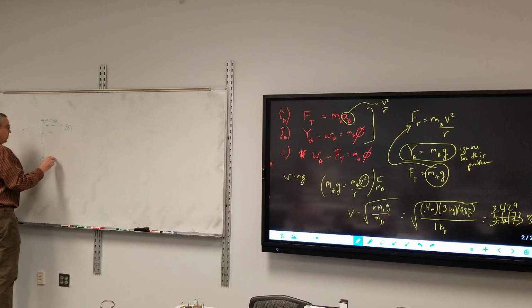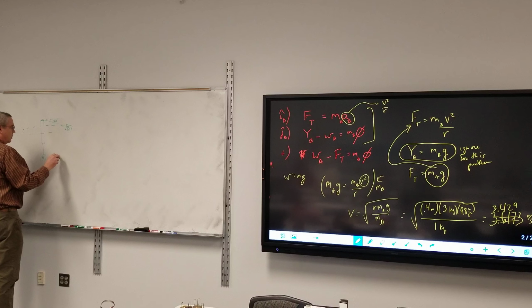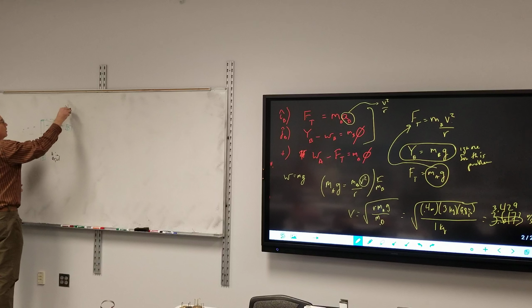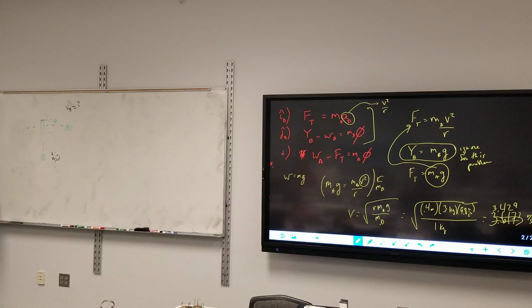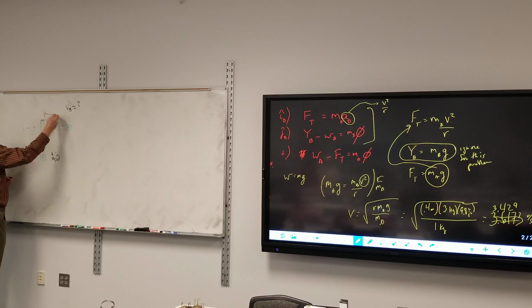So we have, this is equilibrium. Except it looks more complicated because we now have an angle in here. This length right here is L, technically to the center of mass.